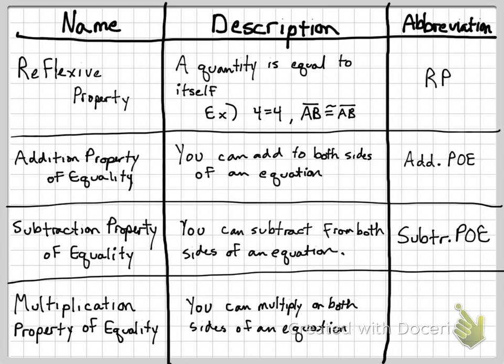And this one will just be MULT, property of equality. I'm sure some people are already working ahead to division. That's fine. I'll write it in just a second, but I'll leave this up there for people who are still trying to copy.